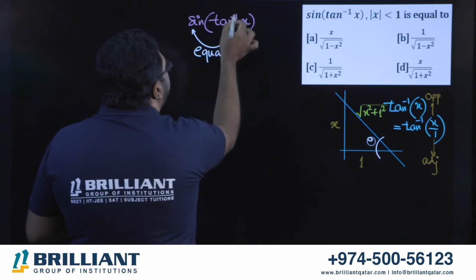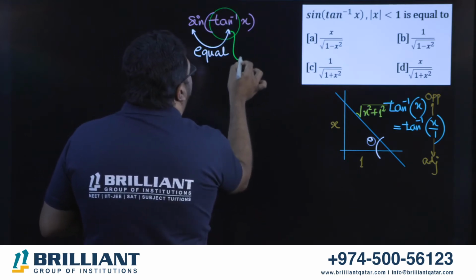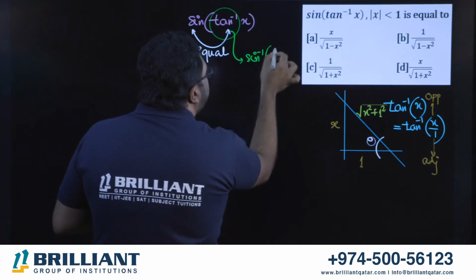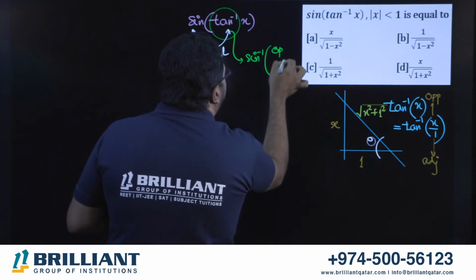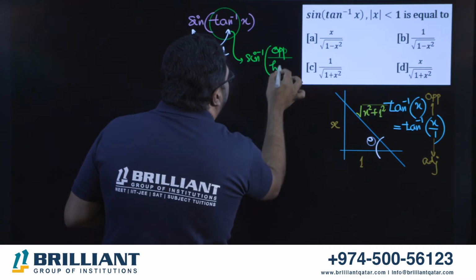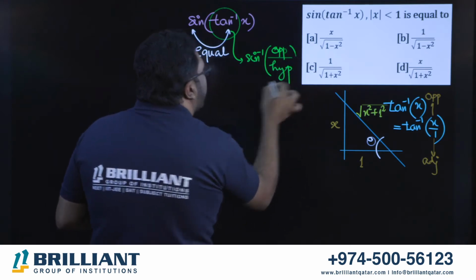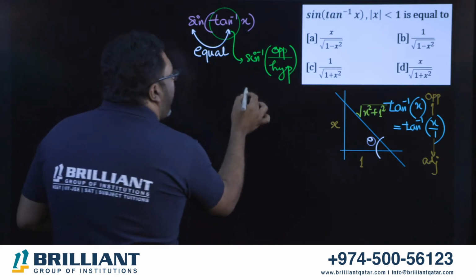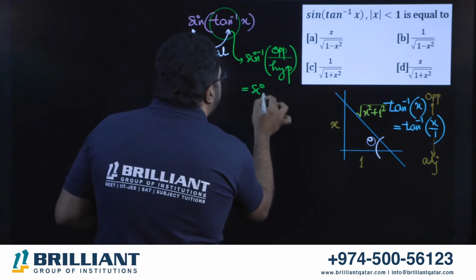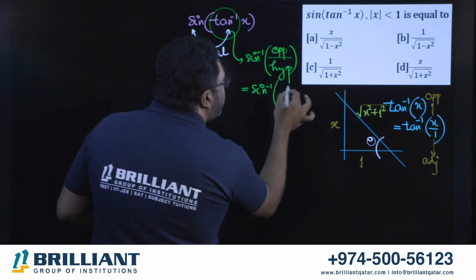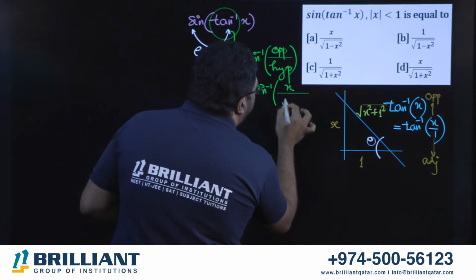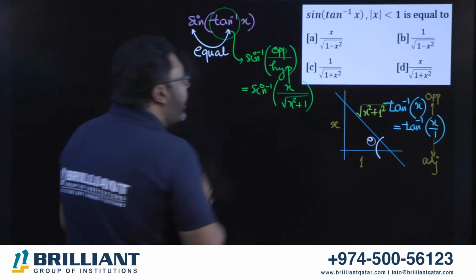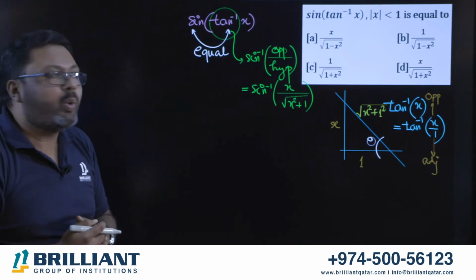So I have to make this tan inverse as sine inverse. Sine inverse is going to be opposite by hypotenuse. That is equal to sine inverse of x by the square root of x squared plus 1.